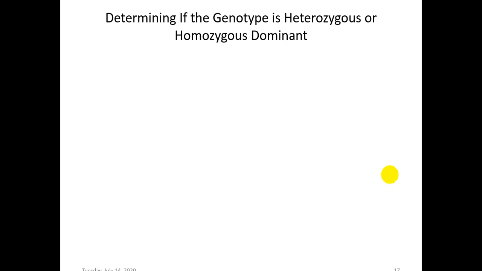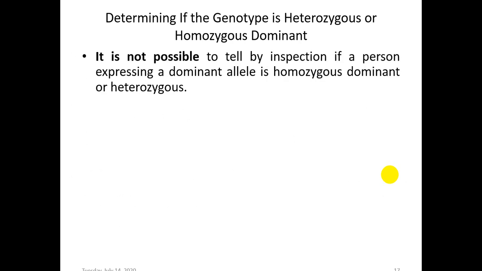Okay, probably this is the last slide. Determining if the genotype is heterozygous or homozygous. You remember there is a photo of a man with freckles that was in lecture 2 or 1, I can't remember. Can you tell if this man is homozygous or heterozygous?